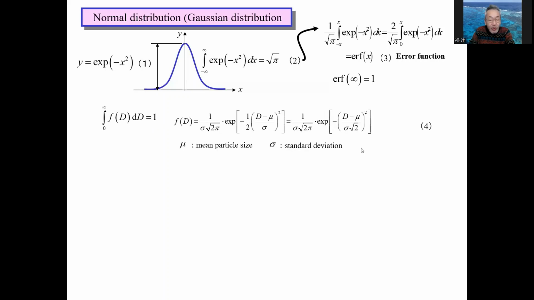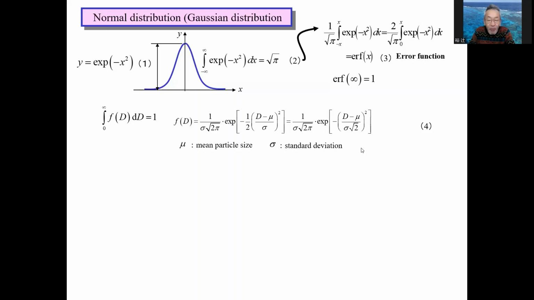The normal distribution of particle size makes use of the form of the above exponential function. Thus, replace y with the probability density function f, and replace x with particle size d. Since the normal distribution is a normalized function, the integral of f over the entire domain is 1.